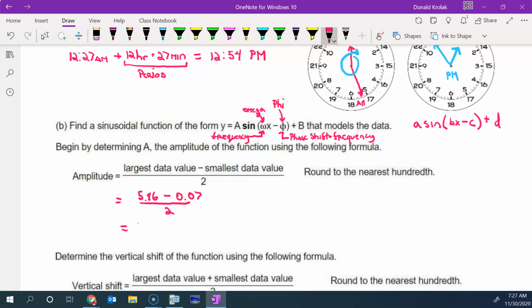Divide it by 2. Get 2.945. I round that to the nearest hundredth, 0.295. Okay, so that's my A value.